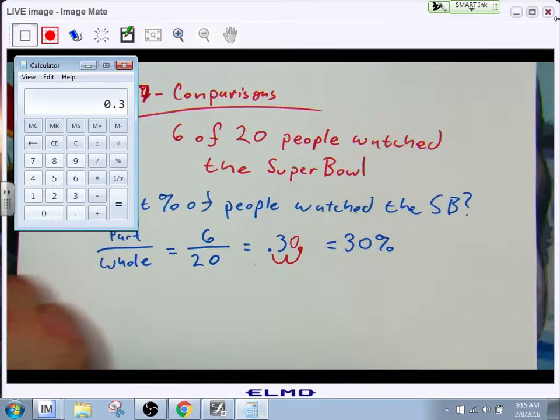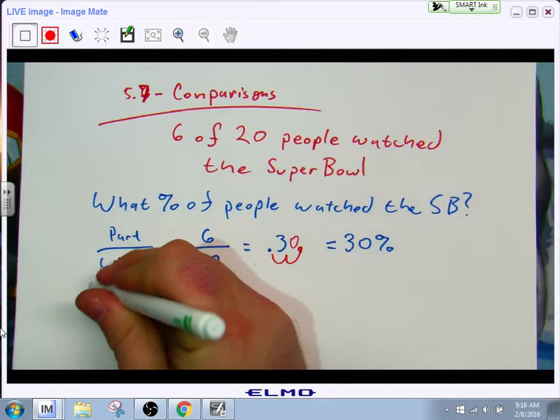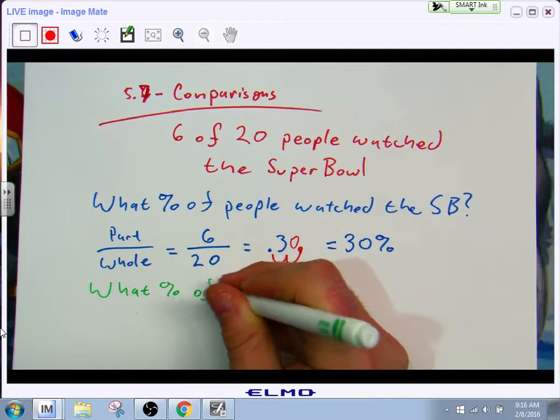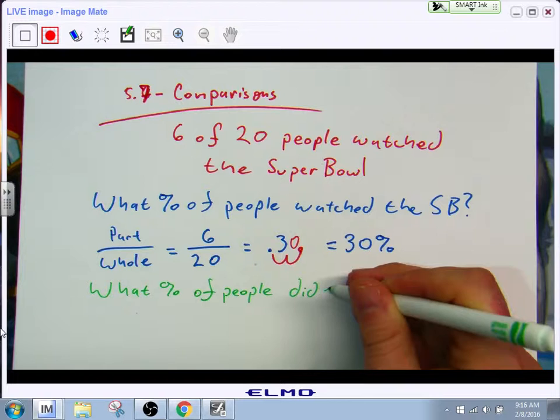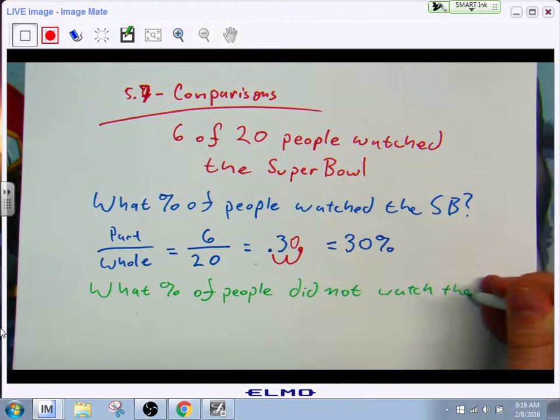So similarly, I might ask, what percentage of people did not watch the Super Bowl? Okay?